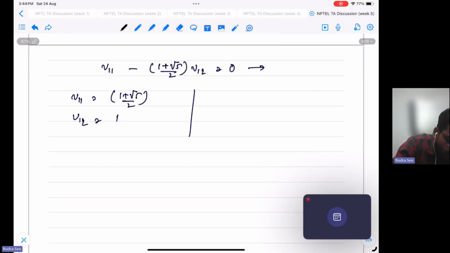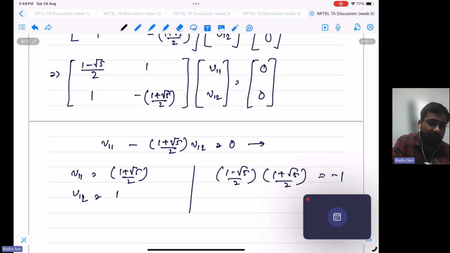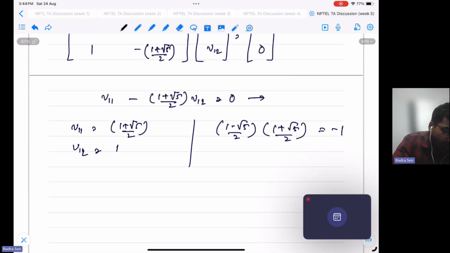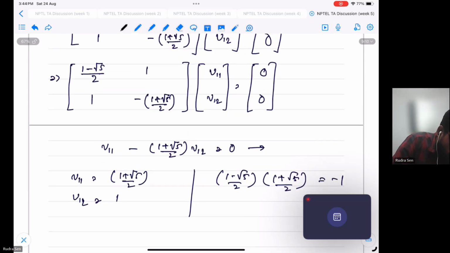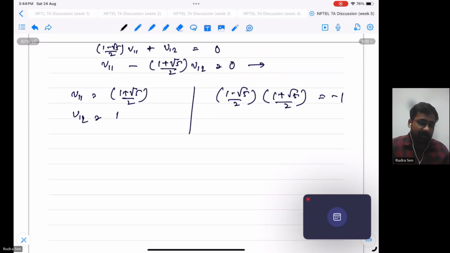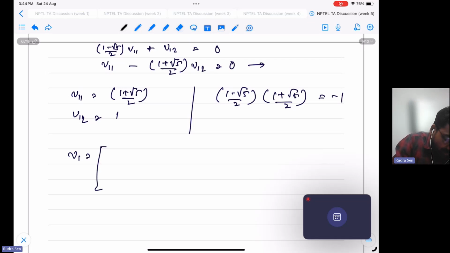And also (1 minus root 5)/2 times (1 plus root 5)/2 gives minus 1, so definitely you satisfy the first equation as well. Okay.